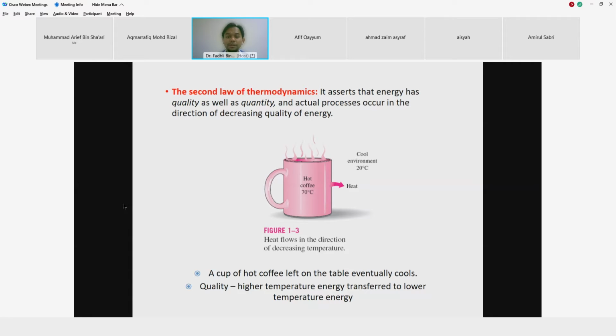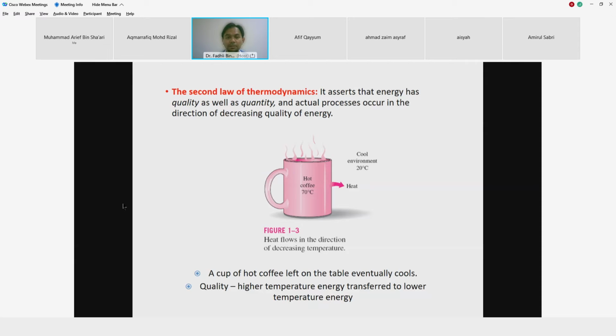Slowly, the temperature of the hot coffee becomes colder, decreasing with time, as shown in this figure.